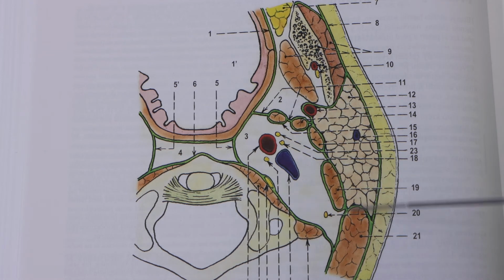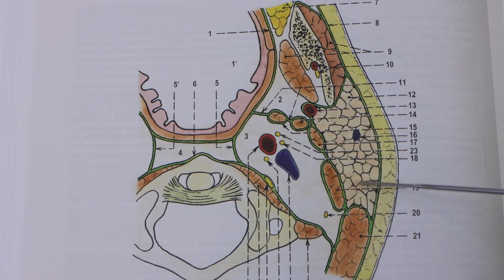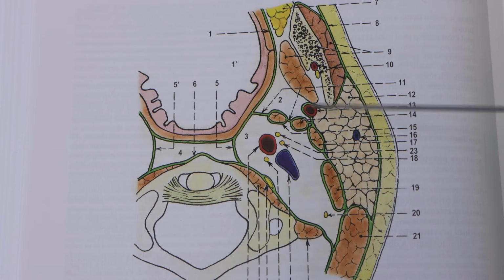All these muscles divide the whole parapharyngeal space into the part which is in front of the styloid septum. This part is called the peristyloid part of the parapharyngeal space, which contains the deepest part of the parotid gland, the retromandibular vein inside, and the external carotid artery.